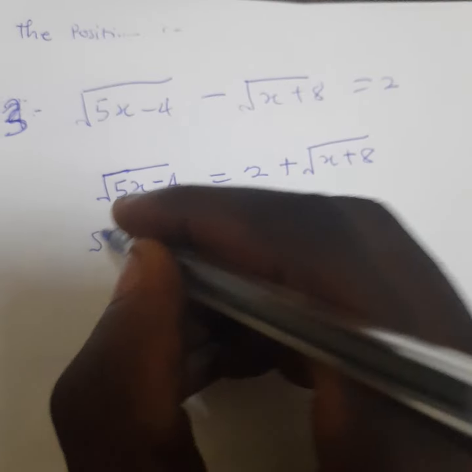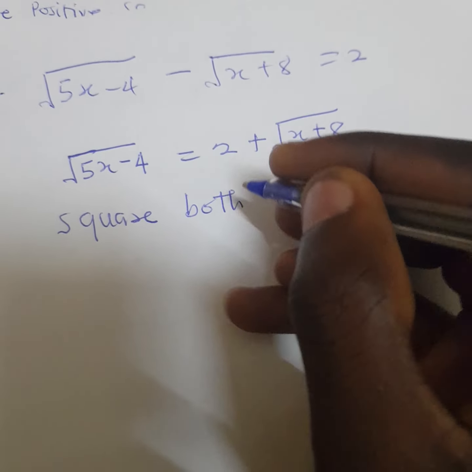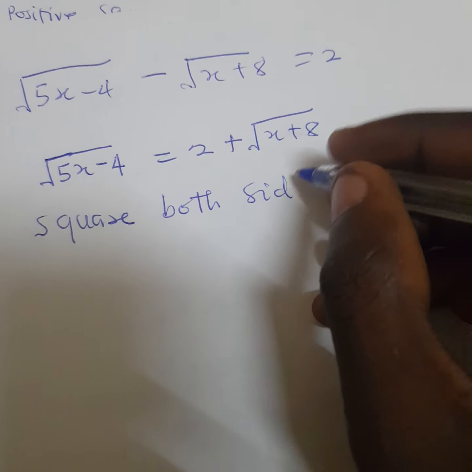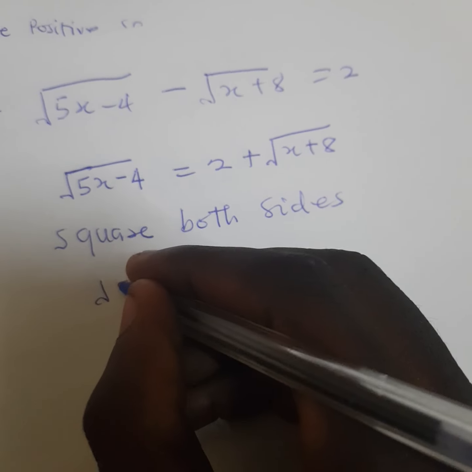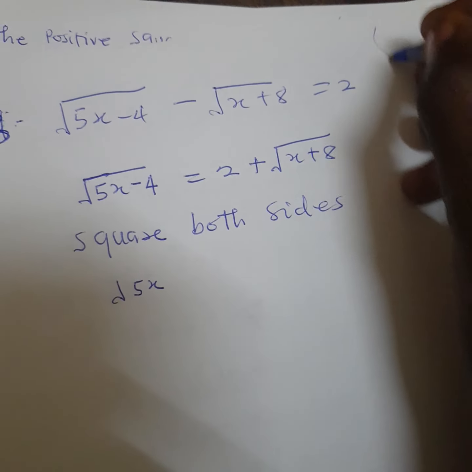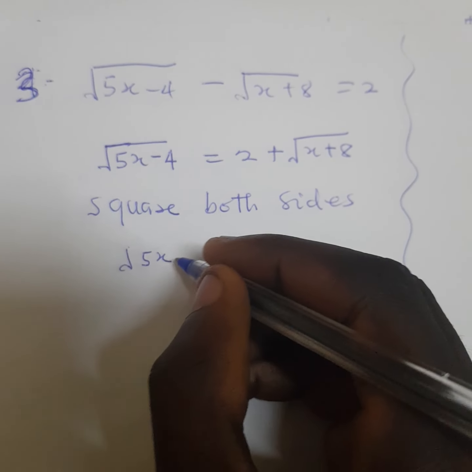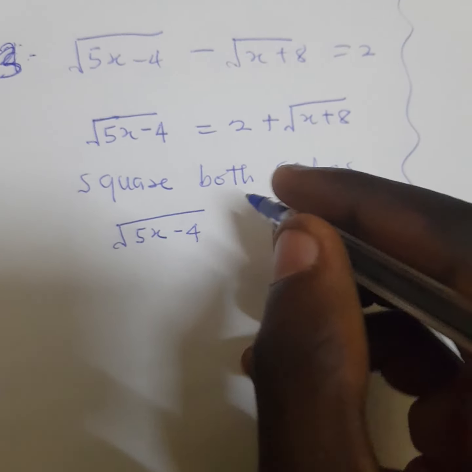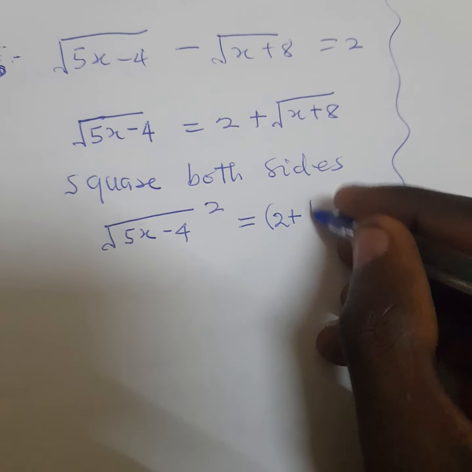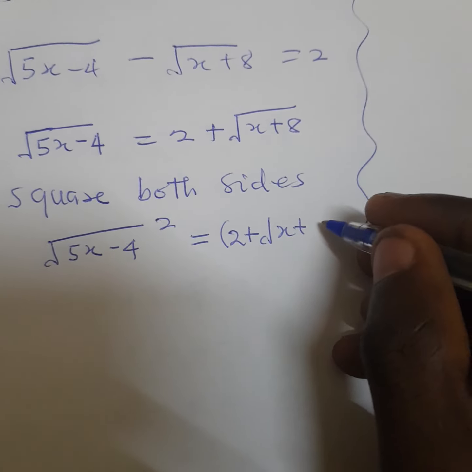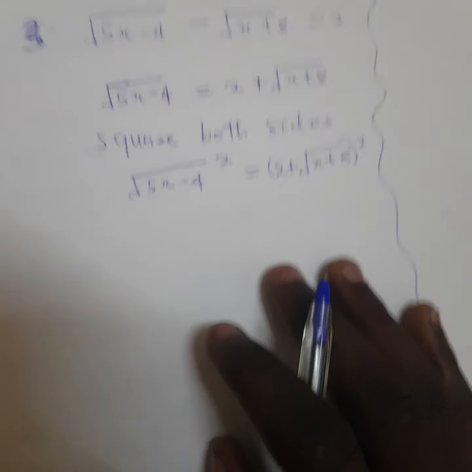Now you square both sides. When you square both sides, it will be root of 5x minus 4 squared is equal to 2 plus root of x plus 8, all squared.